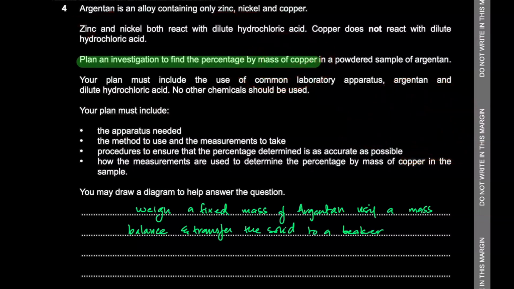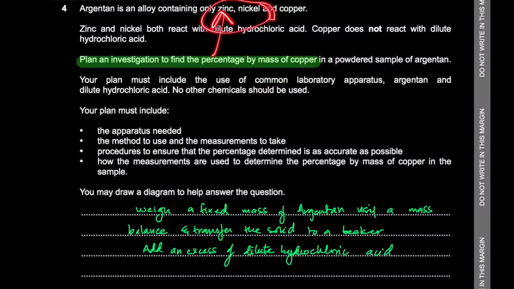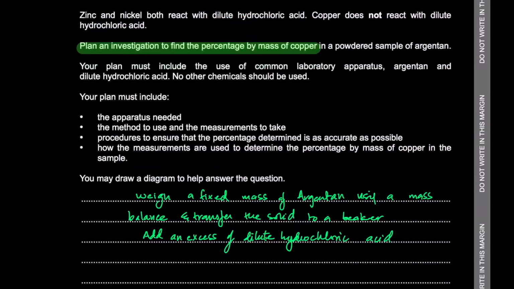So I'm going to transfer the solid to a beaker, and then we add an excess of dilute hydrochloric acid. We add an excess to ensure that all the zinc and the nickel reacts.